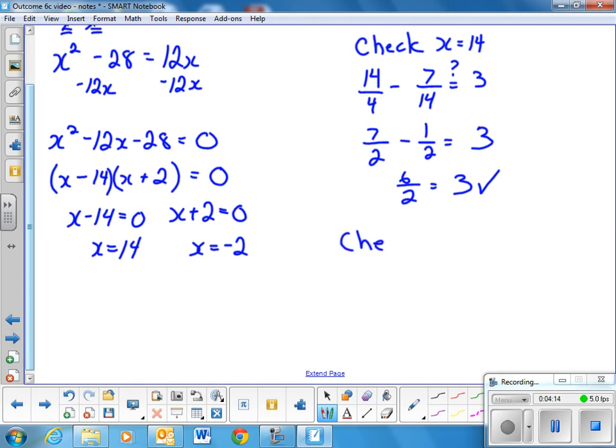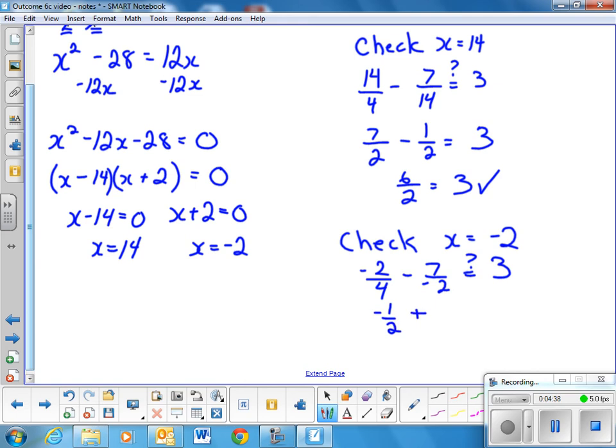I also need to check the second solution, which is that x equals negative 2. So substituting that in, we end up with negative 2 over 4 minus 7 over negative 2, and I want to show whether or not that equals 3. Negative 2 over 4 is negative 1/2.